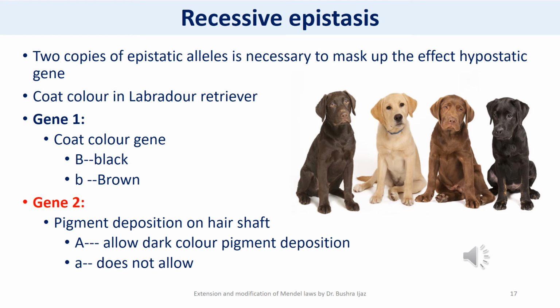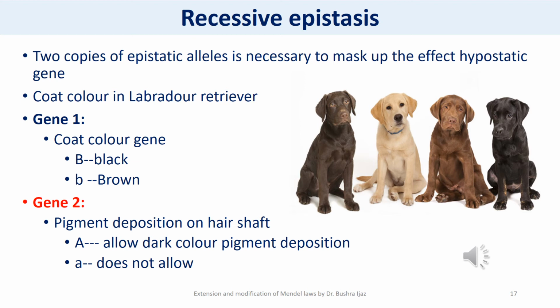Then we have another gene, which is playing a very important, epistatic role in deposition of the pigment in the hair shaft of the dog. We have two copies of that gene: capital A, the dominant, which allows dark color pigment deposition in the hair shaft, and small a, which is the recessive one, and it does not allow that.